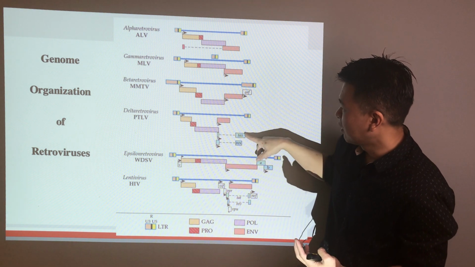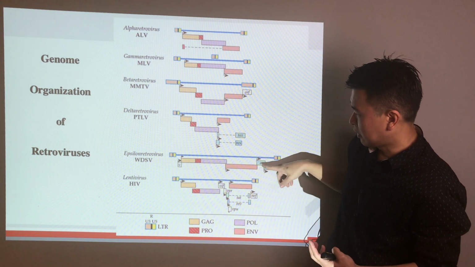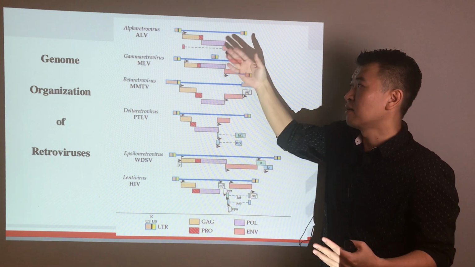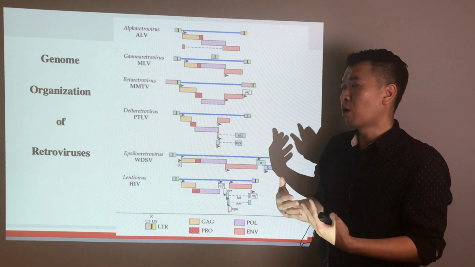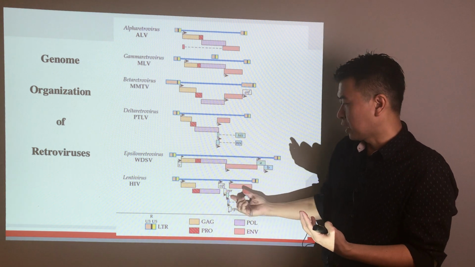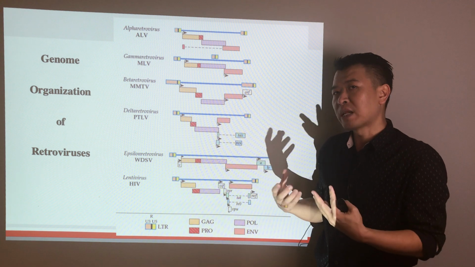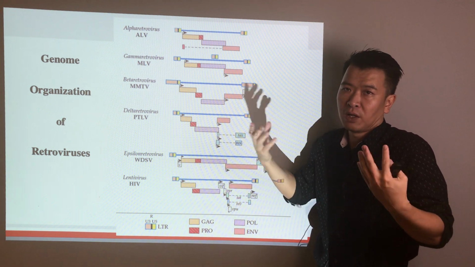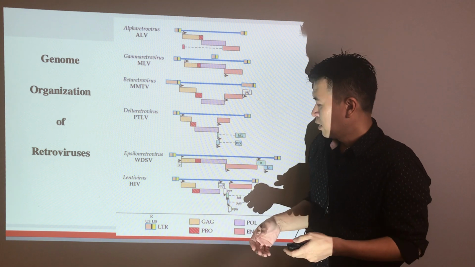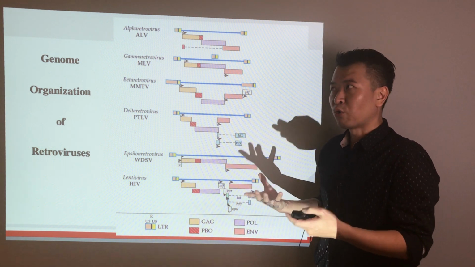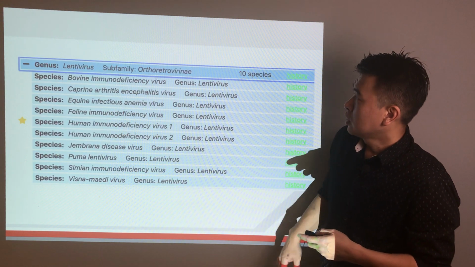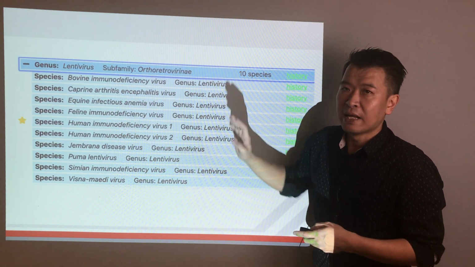You can see ORF, TAX, REX, and VIF, and so on. As the virus evolved to become more complex, they have more accessory genes included in their genome to make them more infectious, to become greater pathogens.